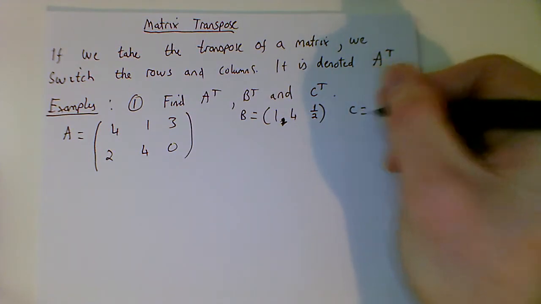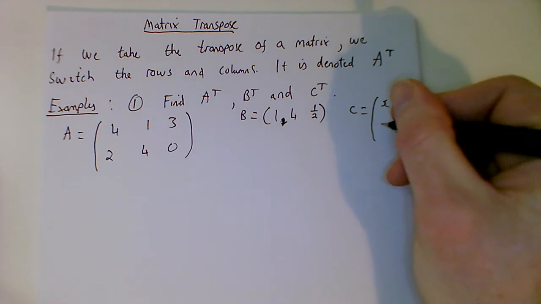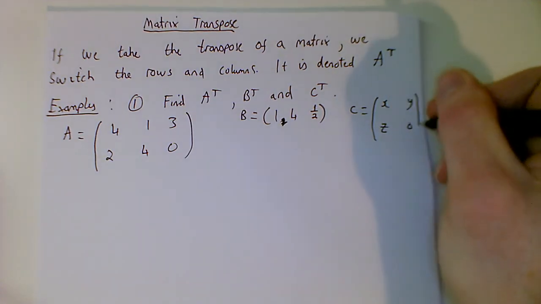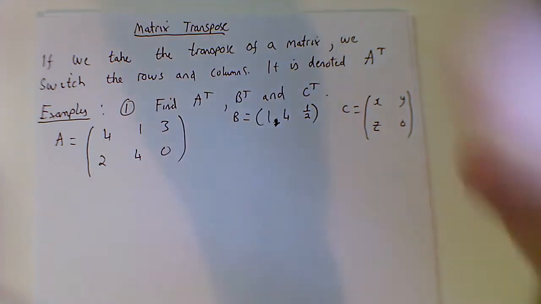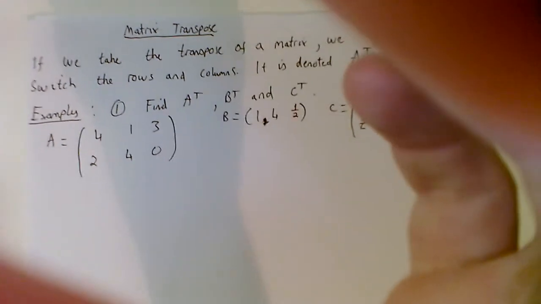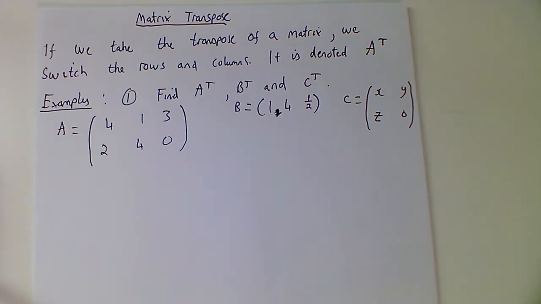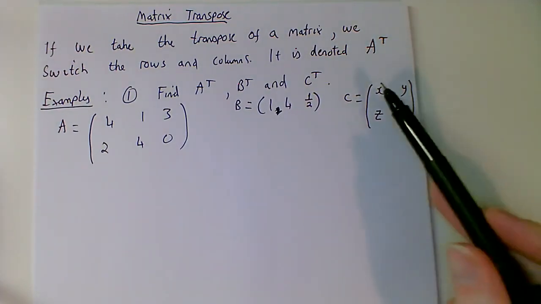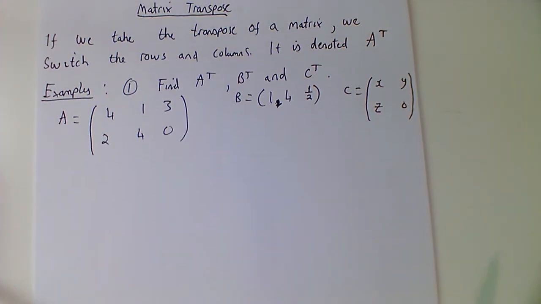And C is x, y, z, 0. So matrices at times can contain letters as well as just numbers. It just depends on the matrix we've been given at the time. The majority of the time it'll be numbers that are contained in a matrix, but sometimes if we're doing long simultaneous equations, they'll contain letters as well. But we'll get to that stage.